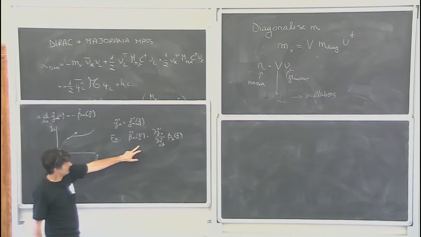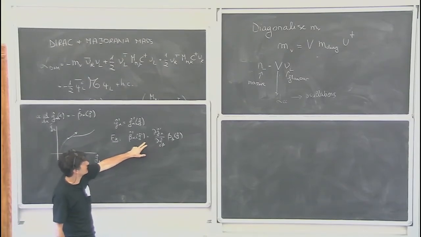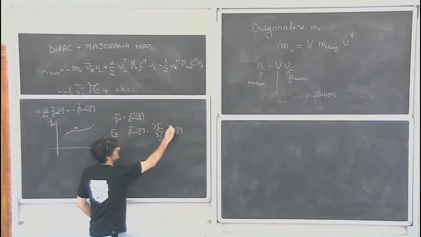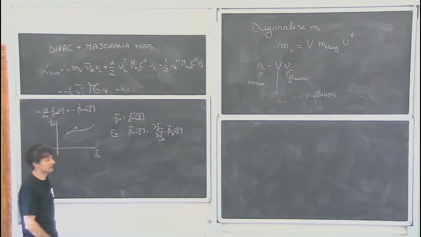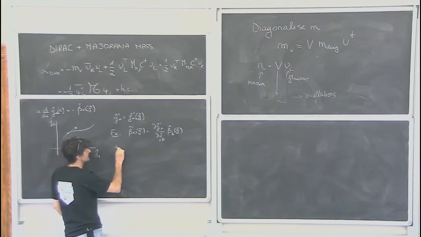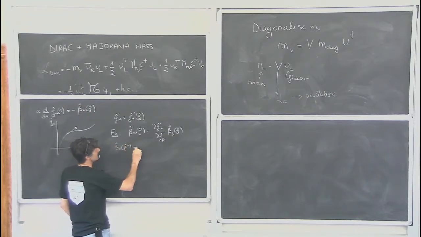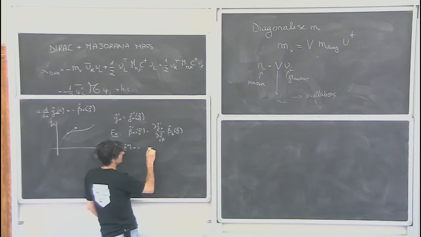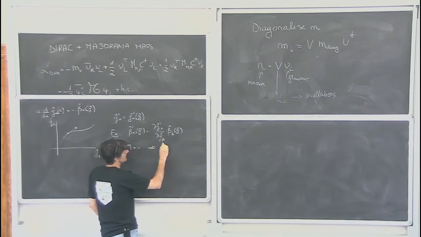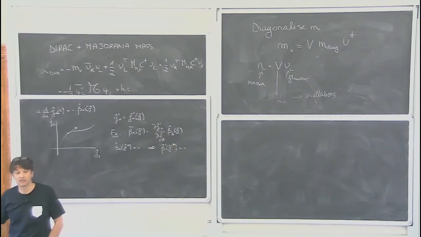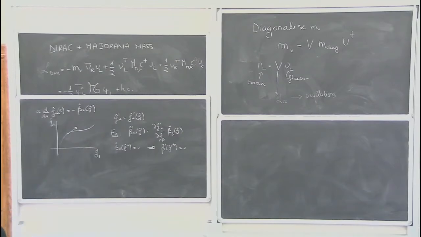The nice consequence of this relation is that if you have a fixed point in a given scheme, remember we defined the fixed points by saying that beta alpha at g star is equal to 0, then because of this relation, beta prime at g prime star is also equal to 0. So the existence of the fixed points that we were mentioning yesterday is scheme independent.